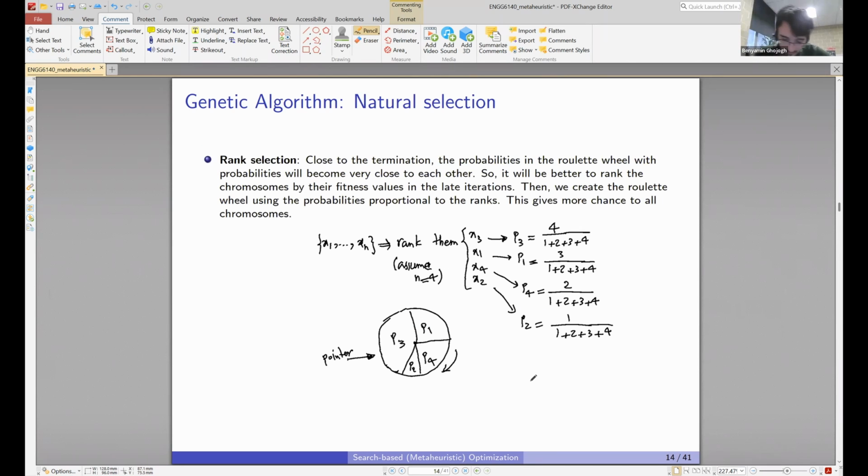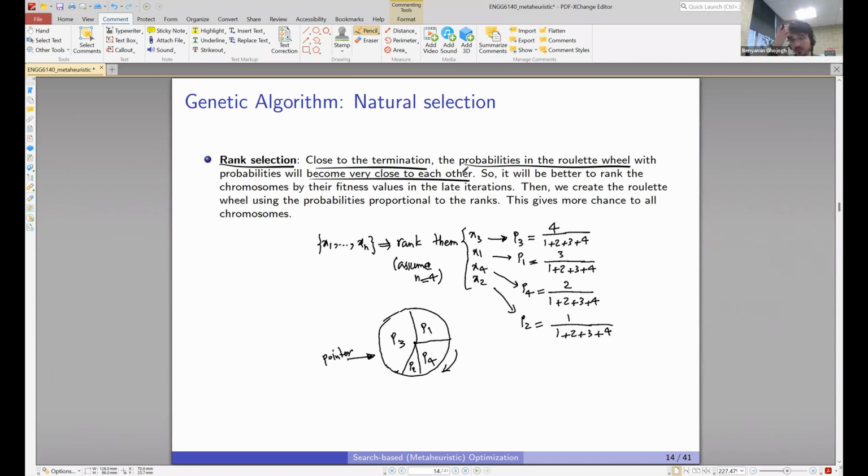Okay, we also have rank selection, and what is that? It is used close to the termination. Why do we do rank selection? I will tell you. Close to the termination, the probabilities of the roulette wheel will become very close to each other.